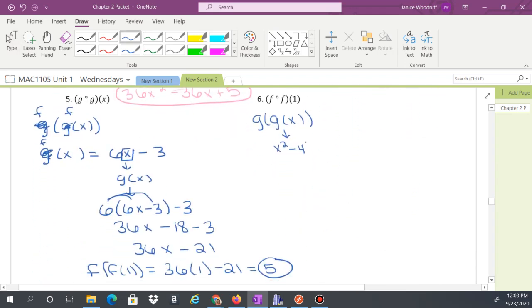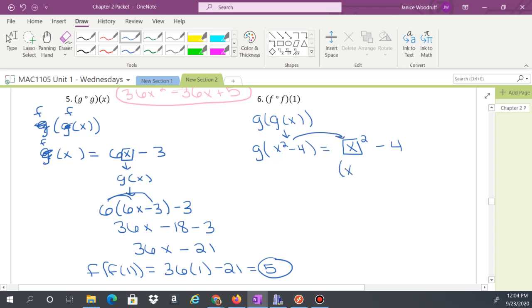Okay, so we have x squared minus 4. G of x is x squared minus 4. So we're doing g of x squared minus 4, which means I'm plugging x squared minus 4 into this function right here, this box for x. Okay, so the x squared minus 4 gets put right there.